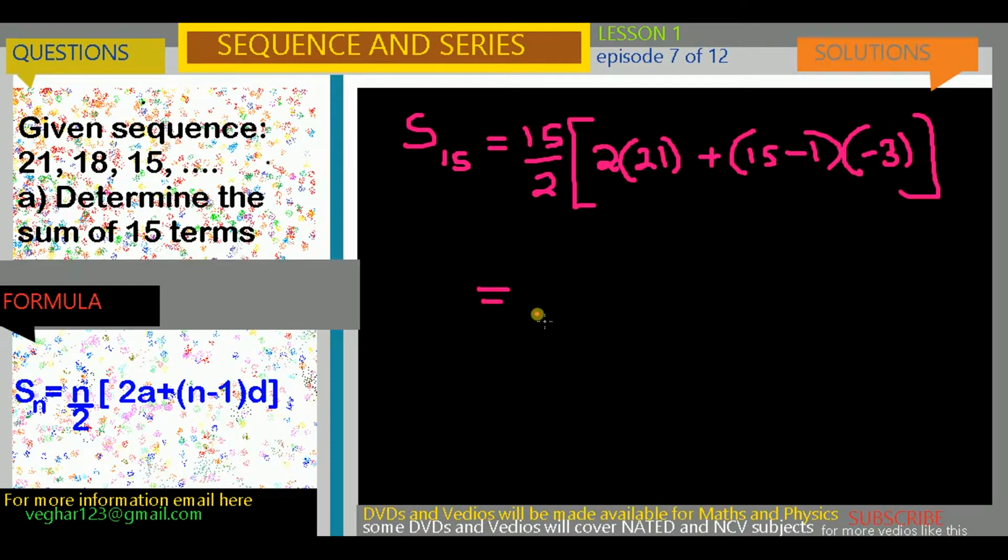And then calculating: 15 over 2, it will be 7.5. 2 times 21 is 42. 15 minus 1 is 14, times -3.